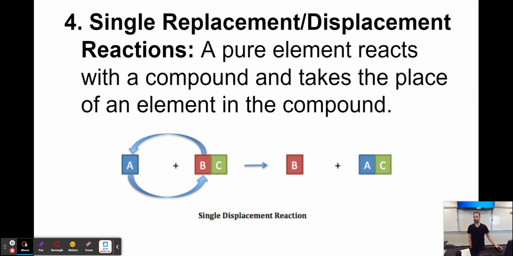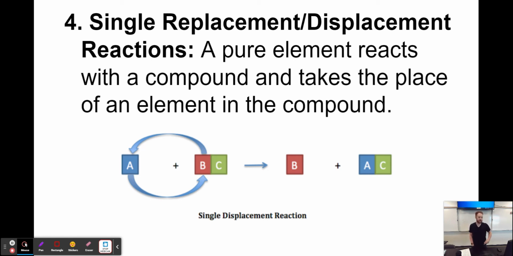Now, we're on to number 4 out of 5 of the different types of reactions. This is where it gets a little bit more interesting. Type number 4 is called a single replacement, or you can call it a single displacement reaction. This is where a pure element reacts with a compound and takes the place of an element in that compound.